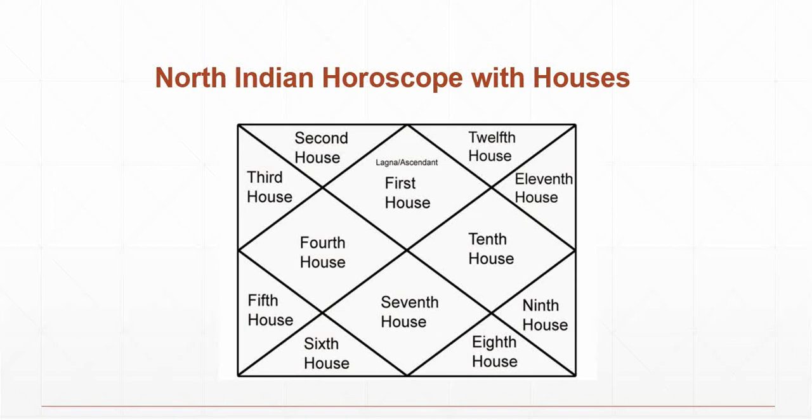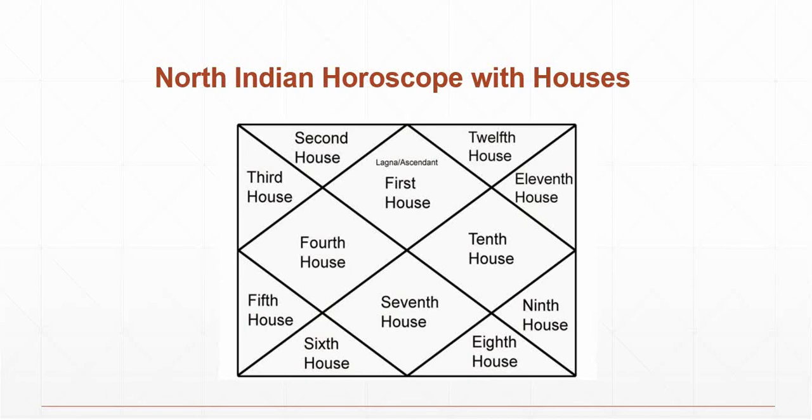Now, the Lagna or the Ascendant, your first house, it's all about you. It's your personality, it's your health, it's your behavior, it's how you think, it's how other people perceive you.